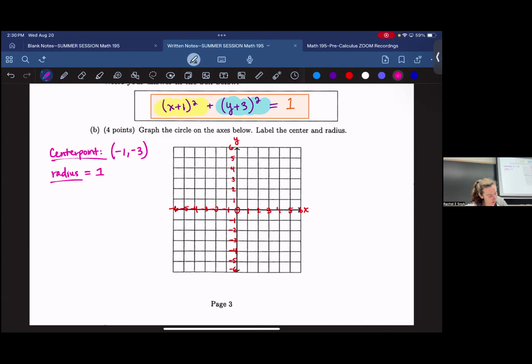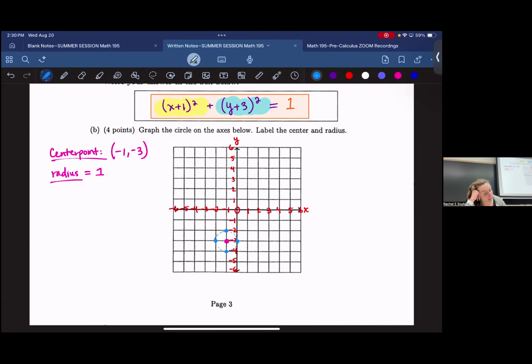So when we plot this, -1, -3, we're just going, think of a compass, north, south, east, west, up 1, down 1, to the right 1, to the left 1, and then sketch in your circle.